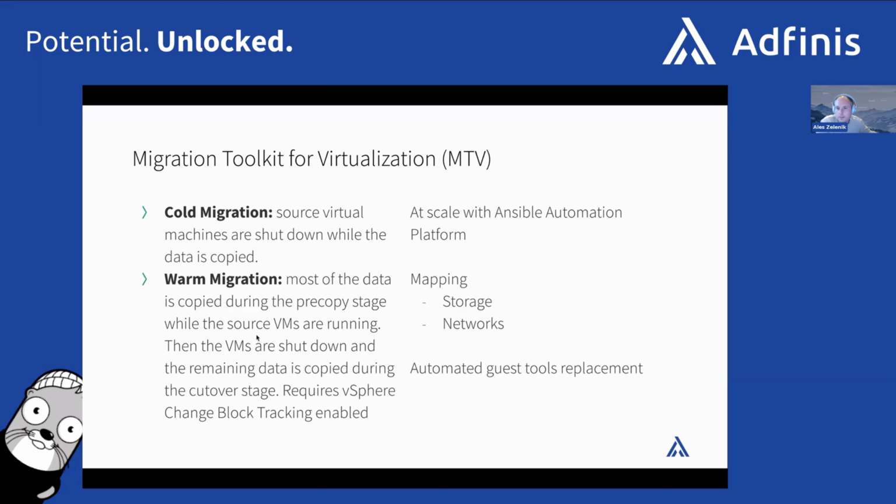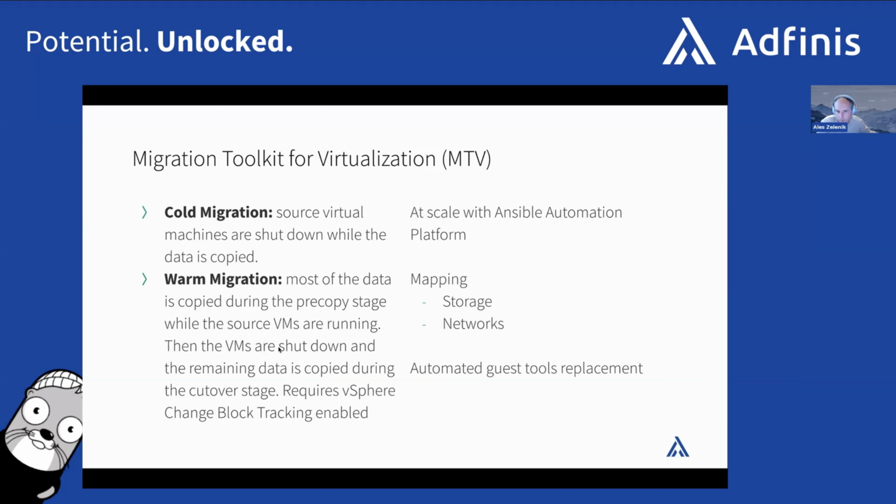What also happens as part of migration is that the VM has the guest tooling from the source. So if you have VMware guest tools installed on that particular VM, they get removed and replaced by VirtIO, which is the KVM virtualization guest tools.